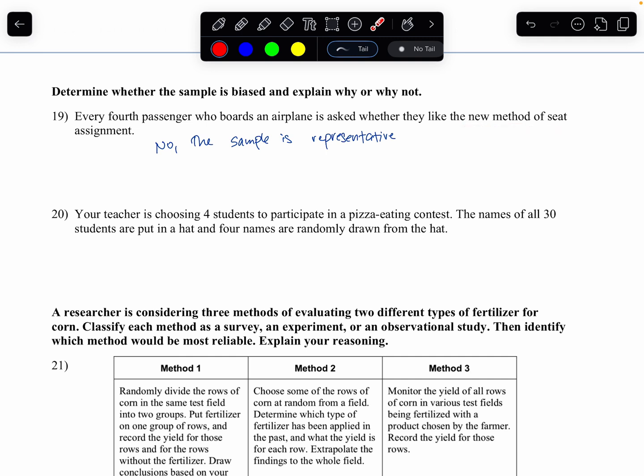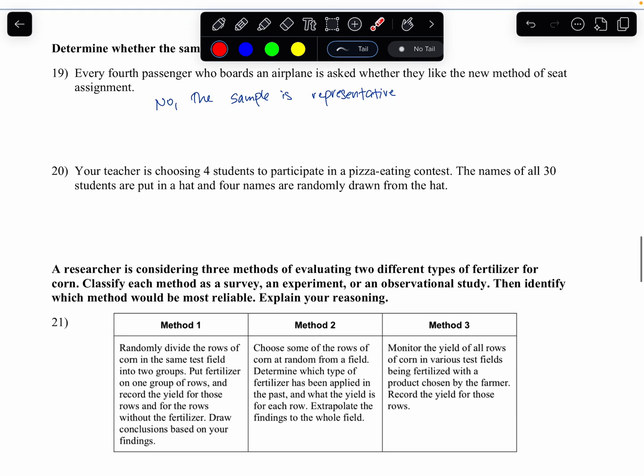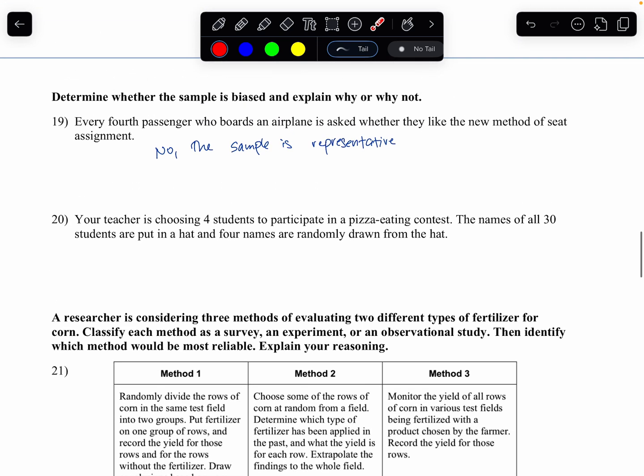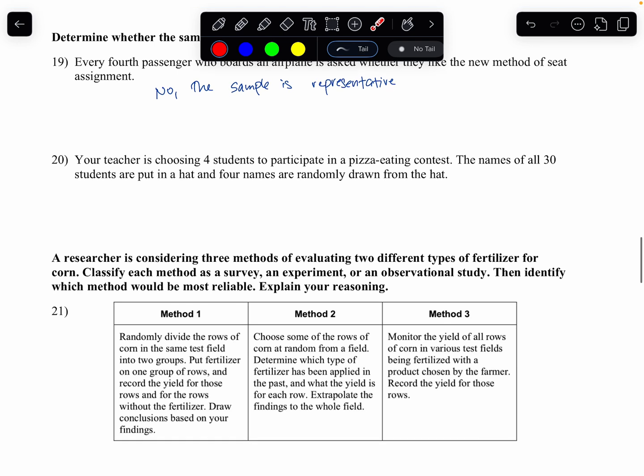It's going to be representative of the whole population. We're not just going to ask people who got the good seats or the worst seats. We're trying to get people who got both, so that we can get a fair, non-biased sample. So I would say it's not biased.